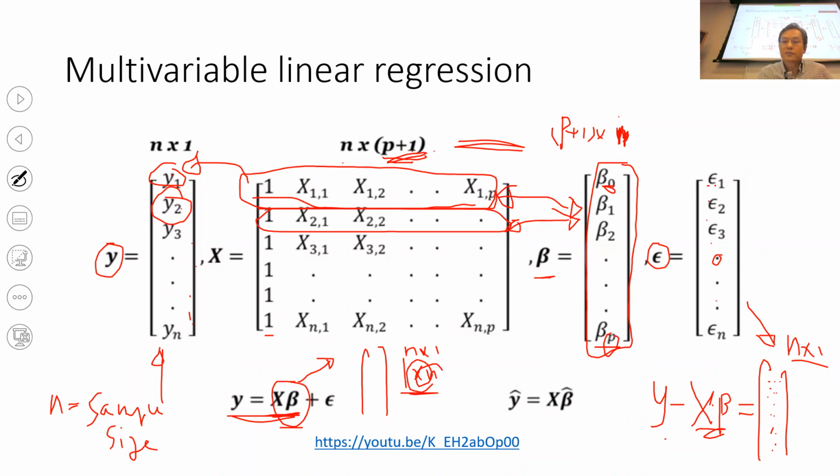Okay, so this is the most important equation, because this is the difference between observed and predicted. That's a deviation, or that's your errors. And our optimization function will try to minimize the total value of this.